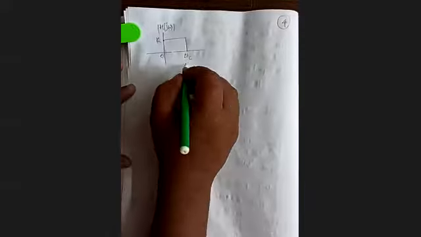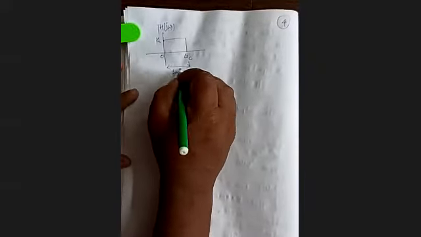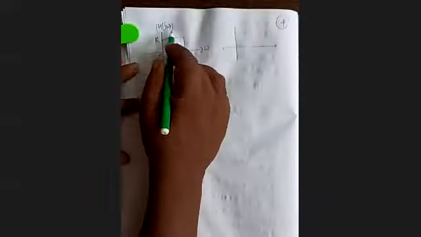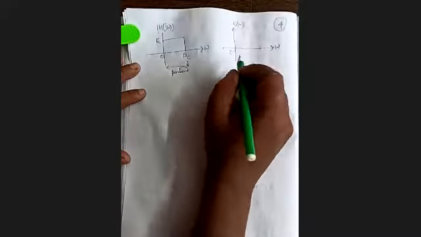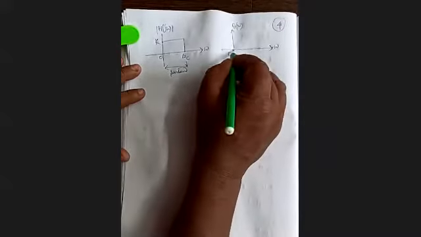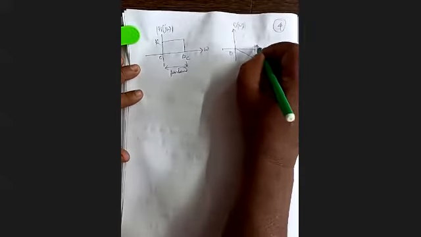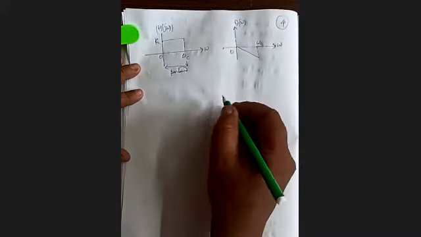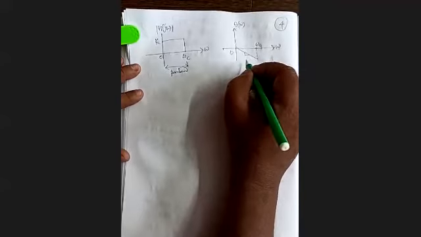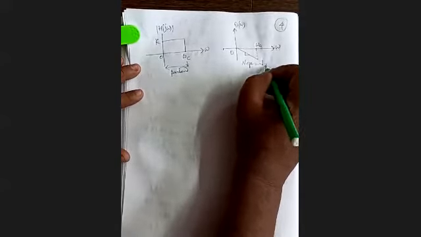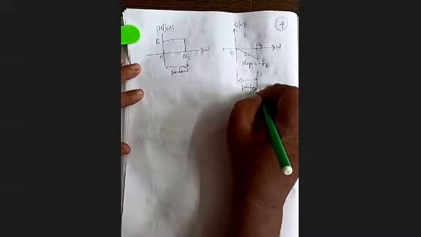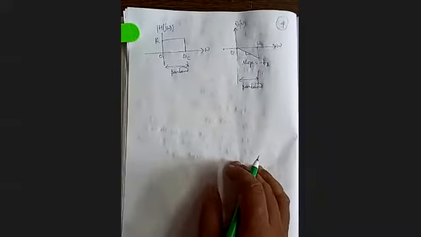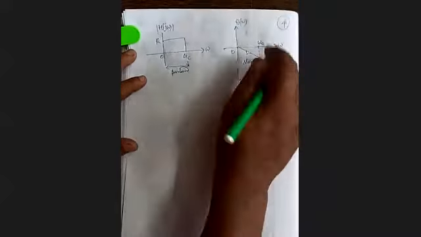So this is K and this is our pass band. The phase spectrum is θ(ω) equal to minus ω td, up to ω c, and its slope equals minus td.